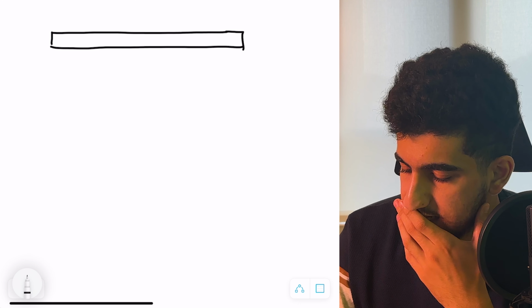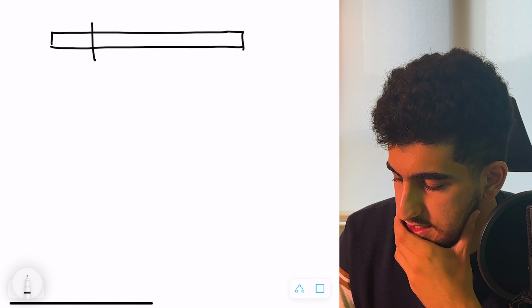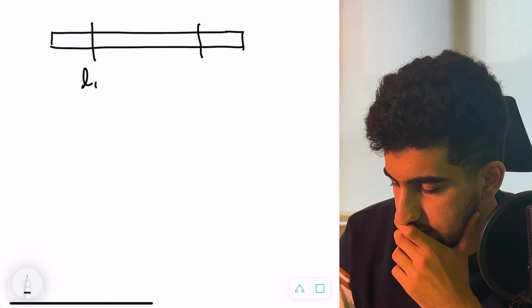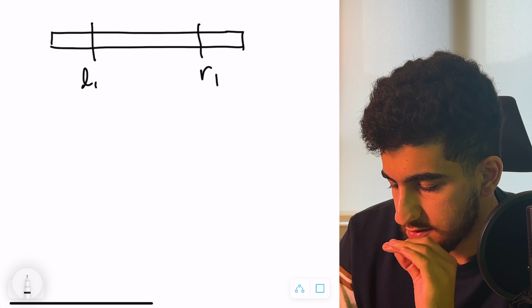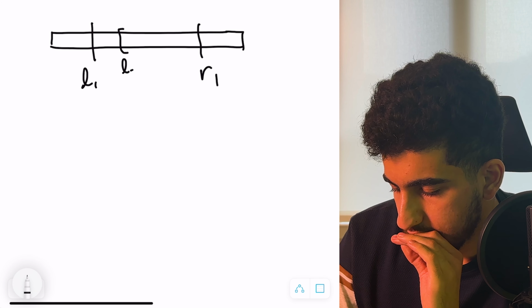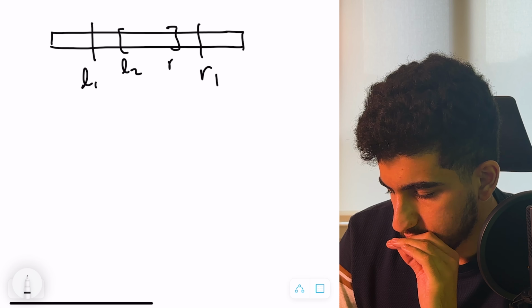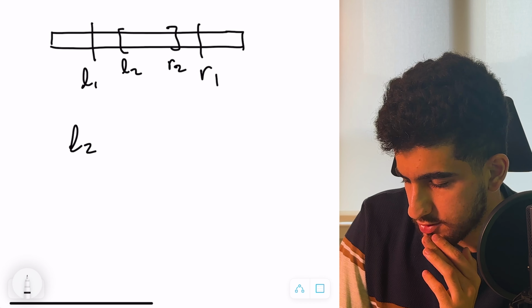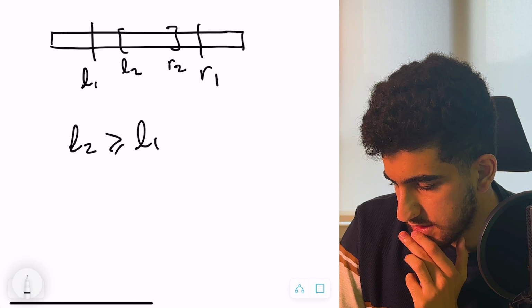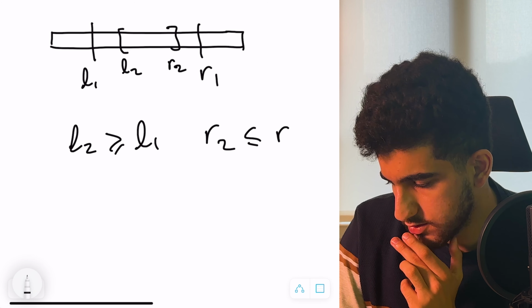Well, what we can say is that for intervals, for example L1 and R1, assume that there is another interval inside it, L2 and R2, completely inside it. So L2 is greater than or equal to L1, and R2 is less than or equal to R1.